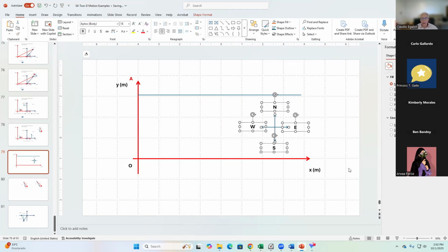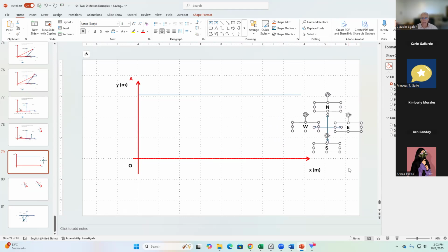Referential A, let's put it a little bit more to the right.